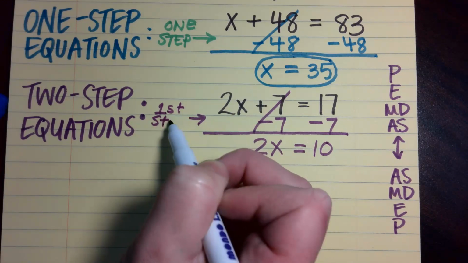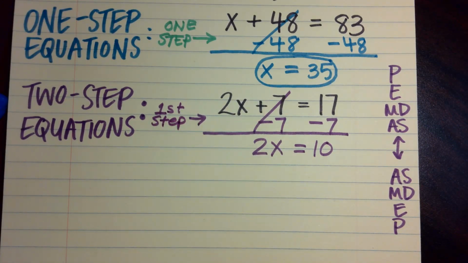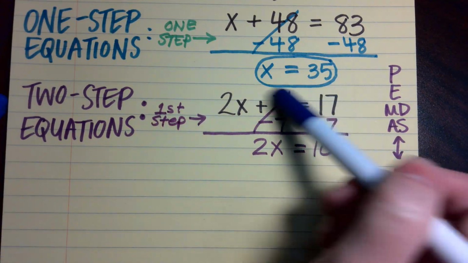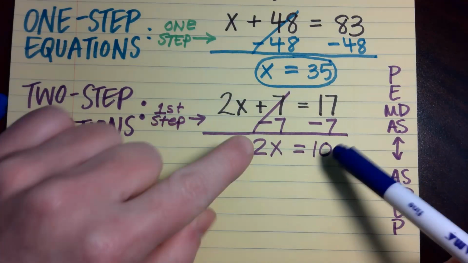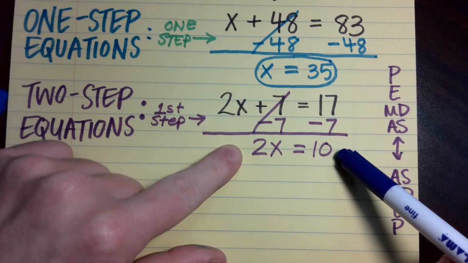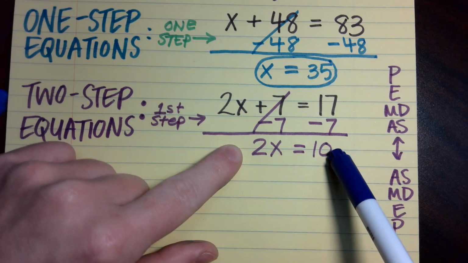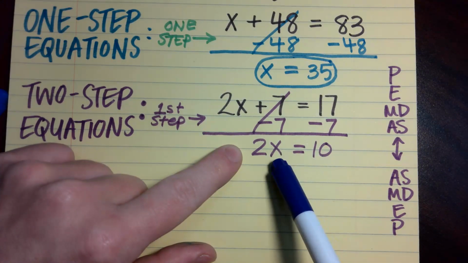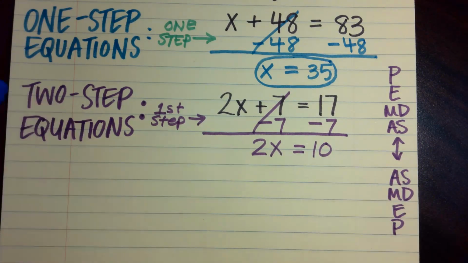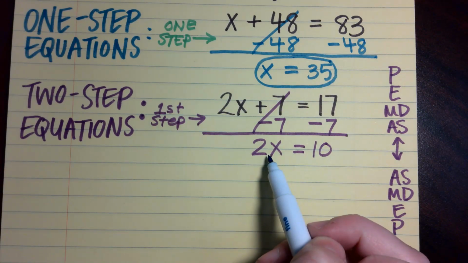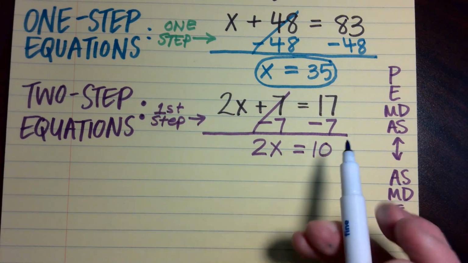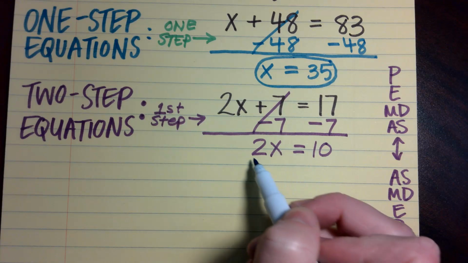So now we have to divide. Once you do this first step, I want you to think of this as a whole brand new equation. Now I have 2 times x equals 10. And Lewis, you said it yourself. Since we're multiplying here, if we divide 2 by 2, then we gotta divide 10 by 2.